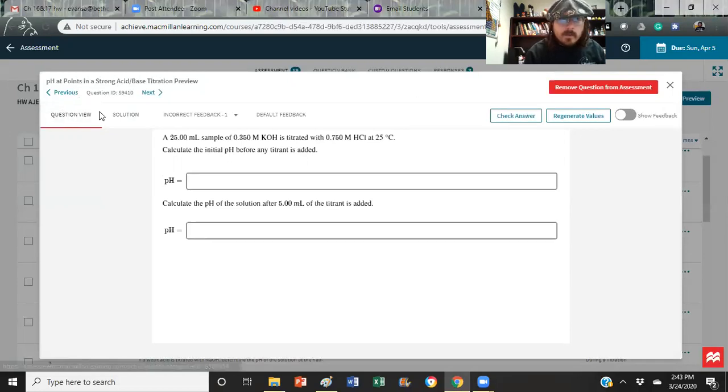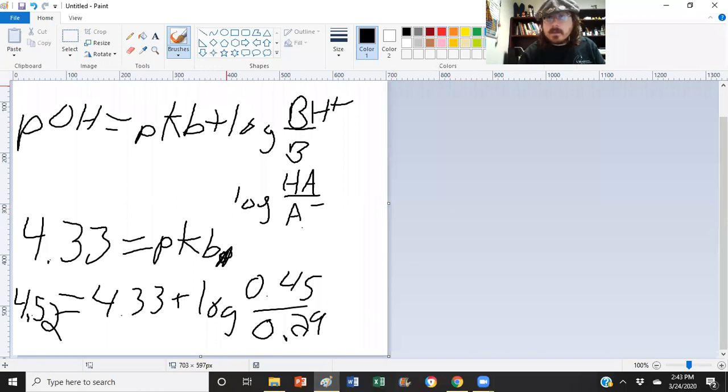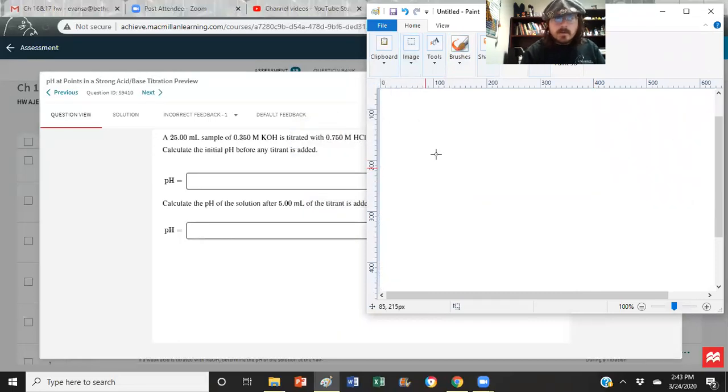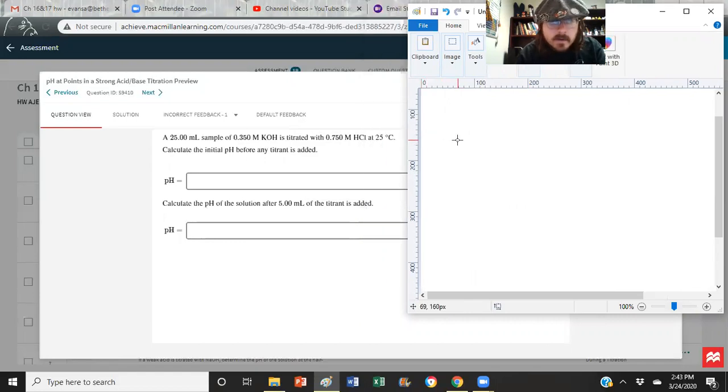If you have a base, this one's pretty easy. This is a strong base, so for the pH before any titrant is added, we take the negative log of this concentration. Actually, sorry. A 25 mL sample of KOH is titrated with 0.75 molar acid. So before any acid is added, we just have 0.35 molar base.